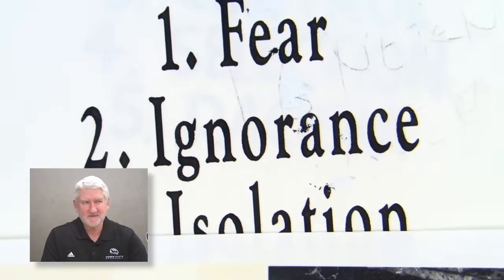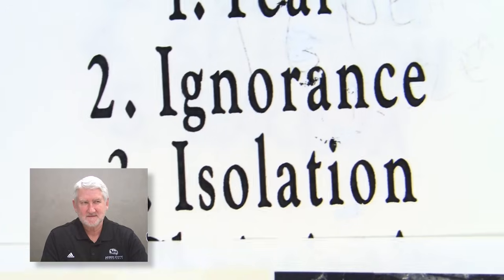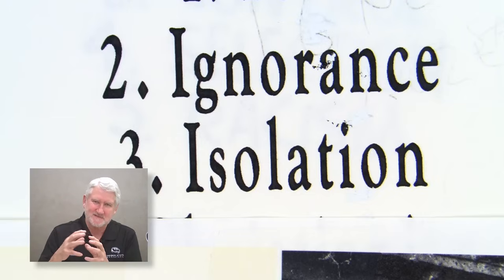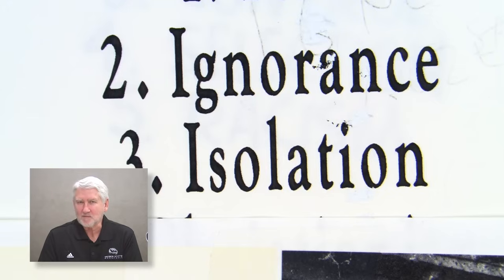This next one goes hand in glove with ignorance: isolation. What do I mean by this? Well, isolation is a word that means keep people separate. Every plantation, someone once wrote, was a little world in and unto itself.